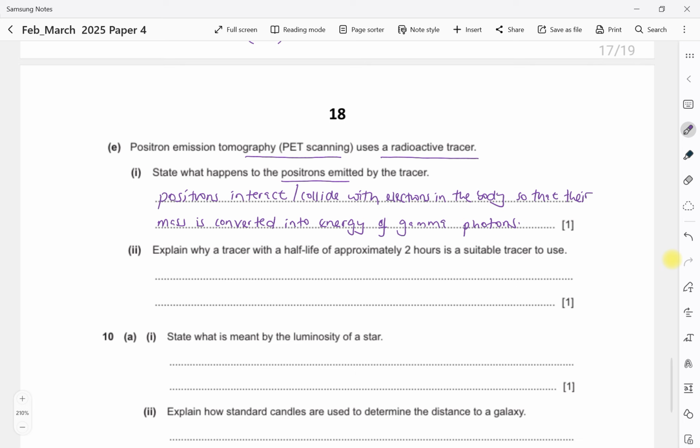Explain why a tracer with a half-life of approximately 2 hours is a suitable tracer to use. So 2 hours appears long enough to conduct the scan, or the investigation, but it is also a short enough time for the tracer not to stay too long inside the body.